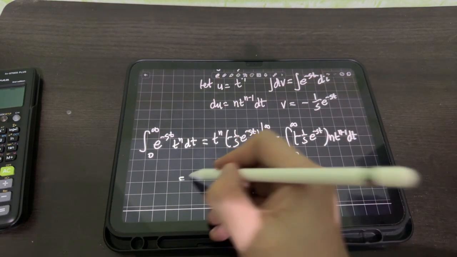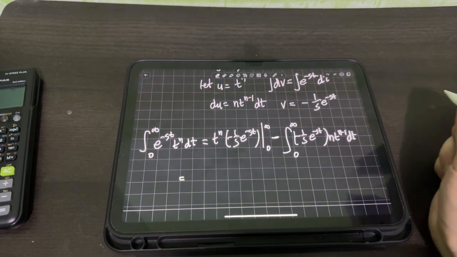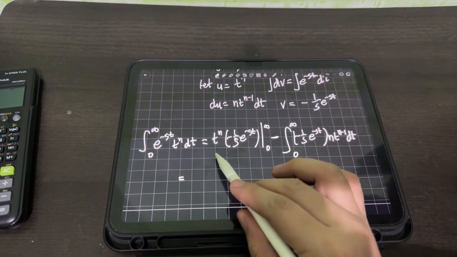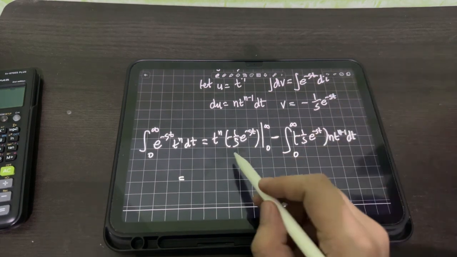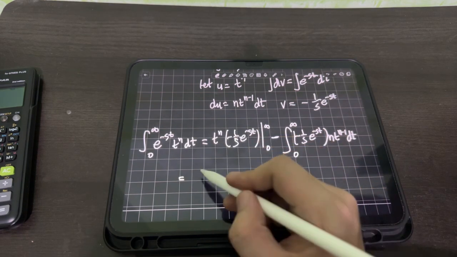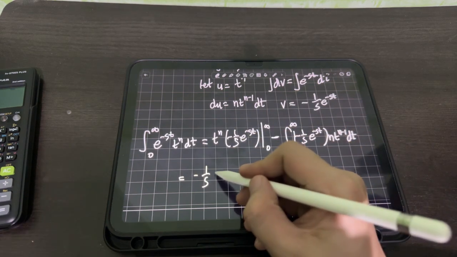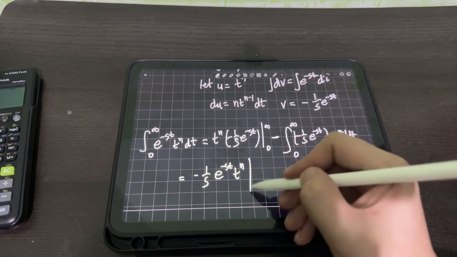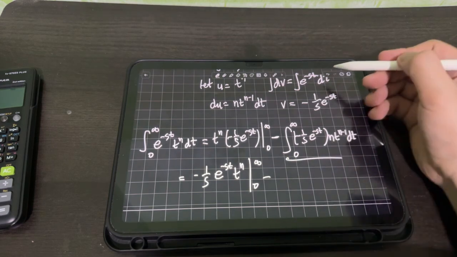So just rewriting this term in a more suited form, or actually you can leave it as this, but it's better if you write first the coefficient negative 1 over s, followed by e to the negative st t to the n, evaluated from 0 to infinity, then minus this integral part.